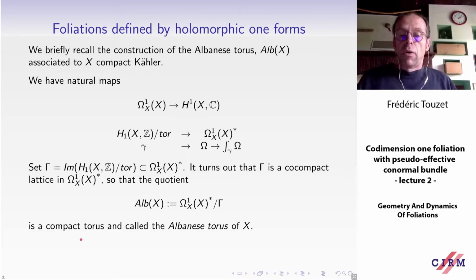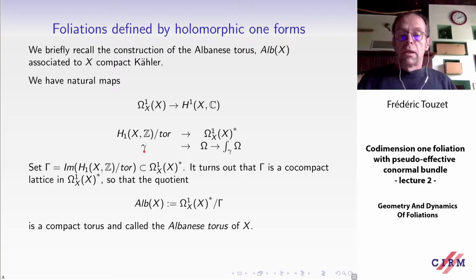And we also have a natural map which goes from the torsion-free part of the first homology group to the dual of the space of one-forms, simply by integration of one-forms along a loop gamma.